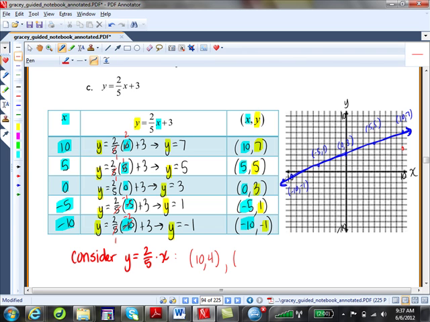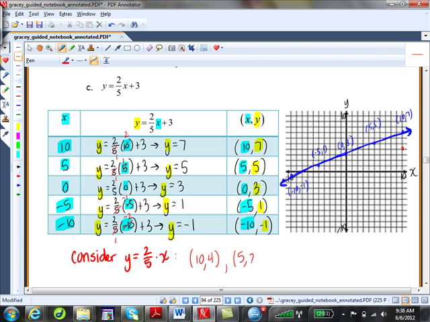So basically, if we wanted to compare lines, if you have the original y is 2/5 times x, and you knew the shape of that graph, and you wanted to graph y equals 2/5 x plus 3, each ordered pair would be 3 up. In the y part of it, the y shift would be 3 up from this one down here. So we'd have the ordered pair 10, 4.